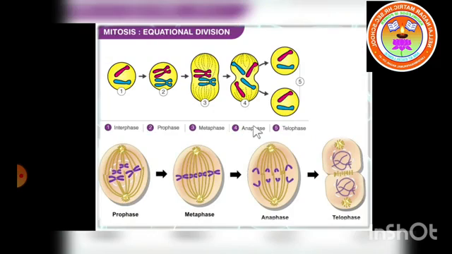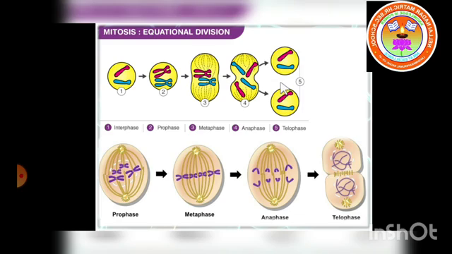In this cell division, one parent cell divides into two identical daughter cells, each with a nucleus having the same amount of DNA. You can see two daughter nuclei with the same amount of DNA present in them, and the same number of chromosomes and genes as the parent cell.